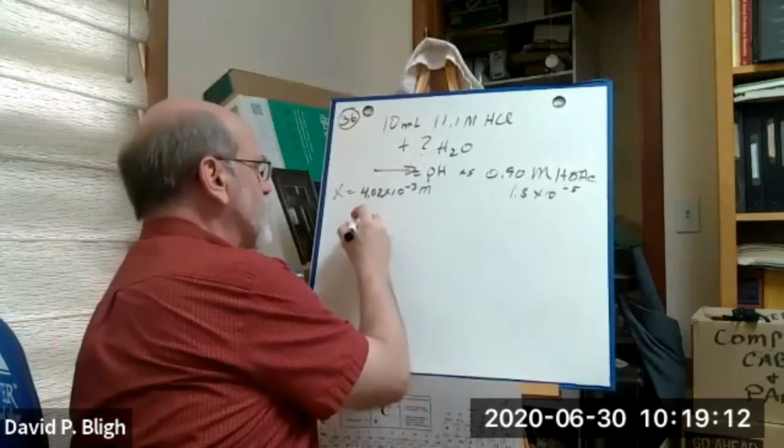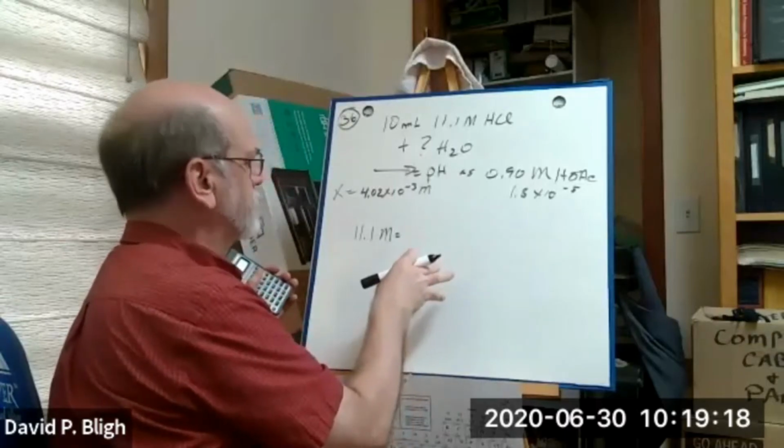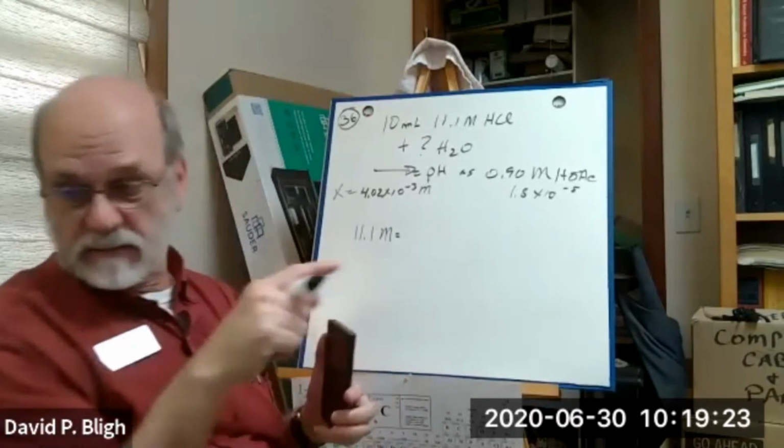We want a concentration of 11.1 molar. And to get that, we need moles of hydrogen ions, right?